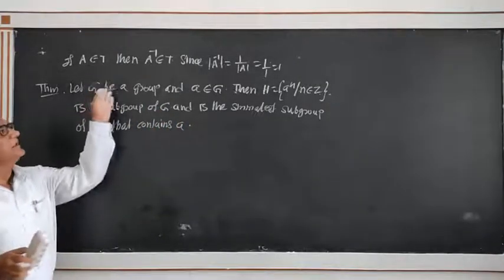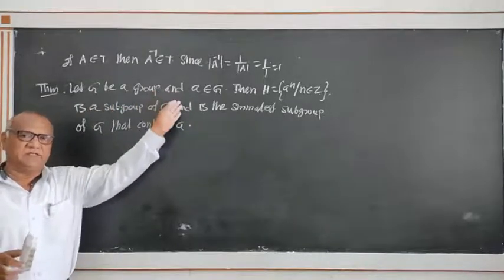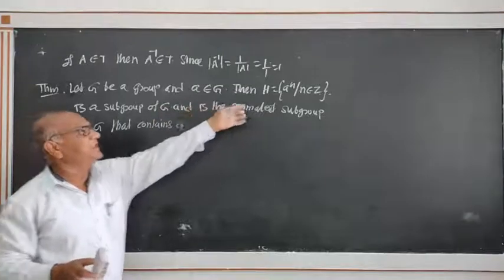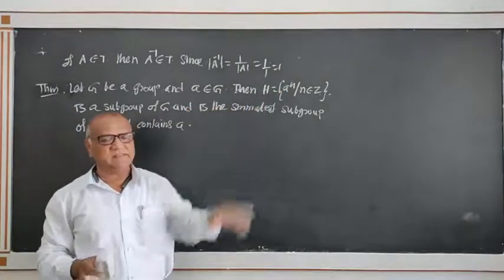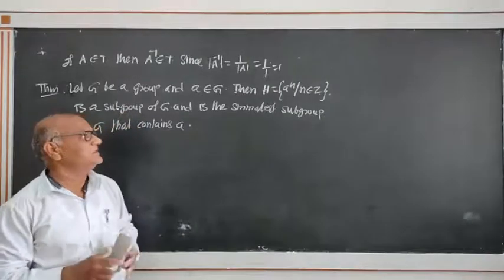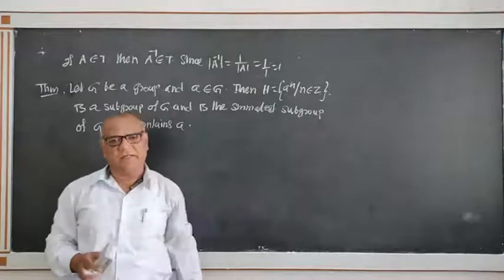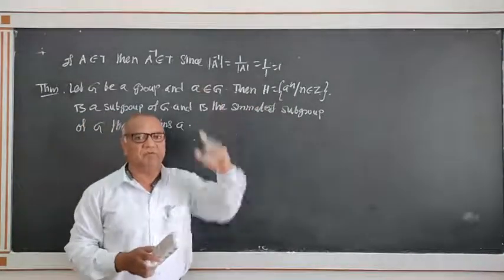Here, G is any group and a is any element of G. If we take the set of all powers of a, a to the power n, n belongs to Z, then this set is a subgroup.